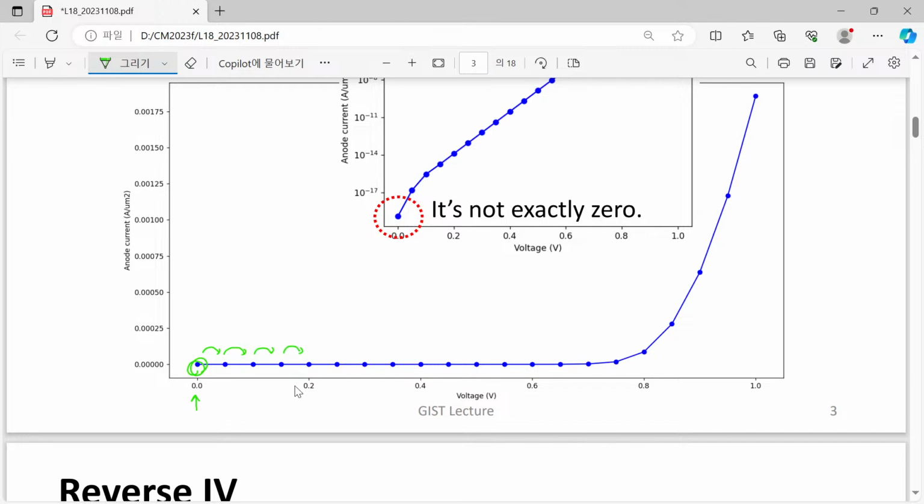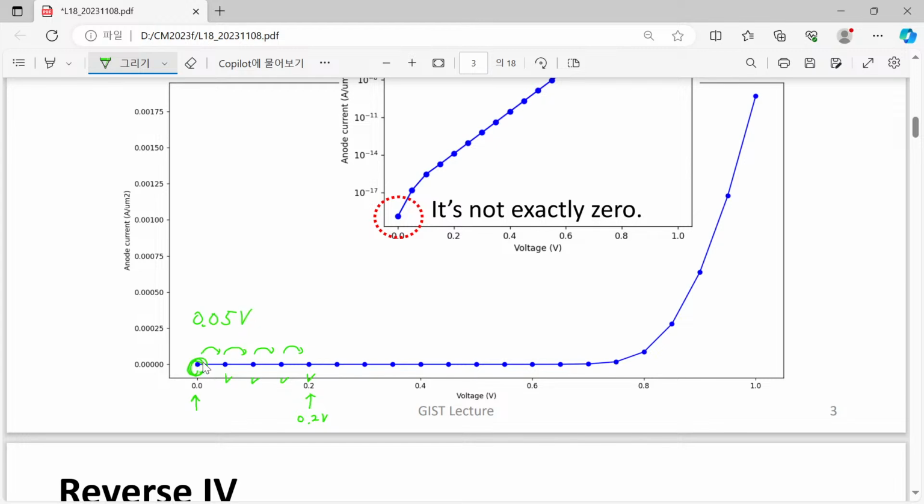For example, in order to arrive at 0.2 volt, we introduce 1, 2, 3, 4 steps. It means that we took 0.05 volt as a bias step.